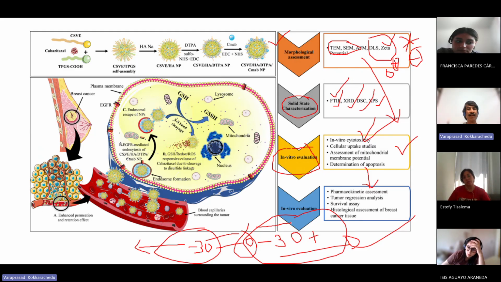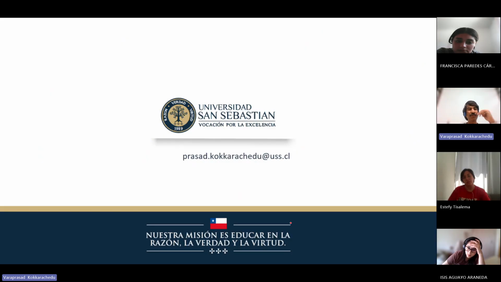Okay, and up to now, what have we learned? We learned why nanoparticles are needed, right? And their physical, chemical, and biological properties, and how we can synthesize them by a bottom-up method and a top-down method.